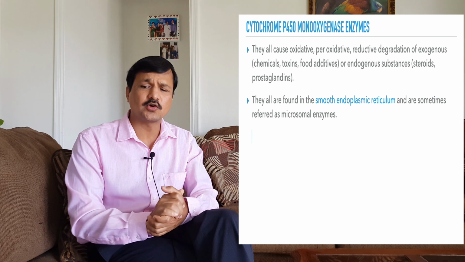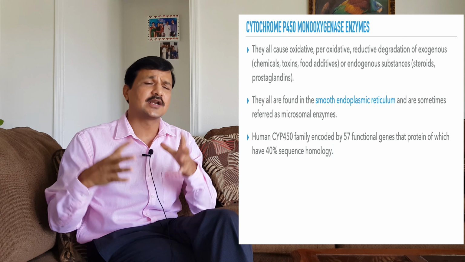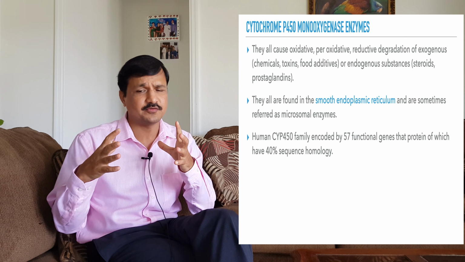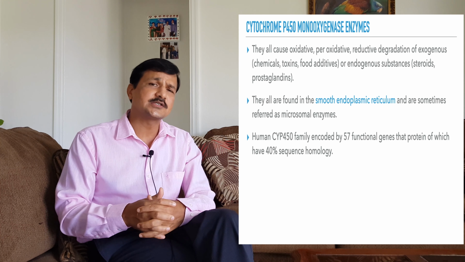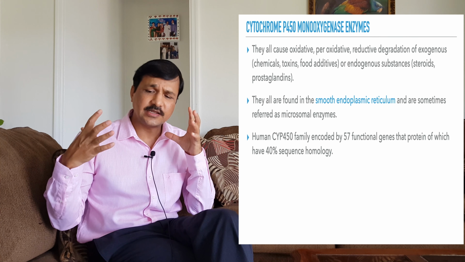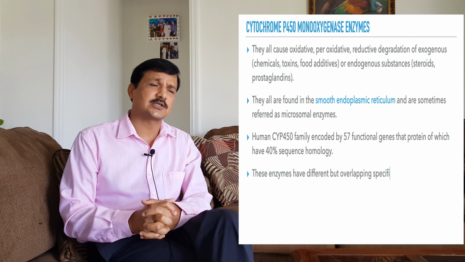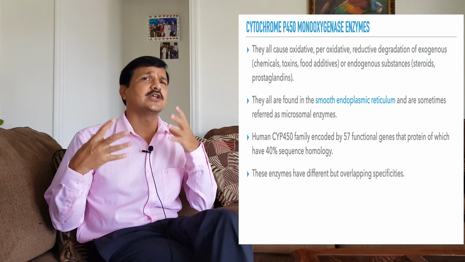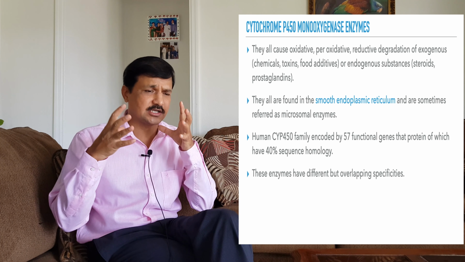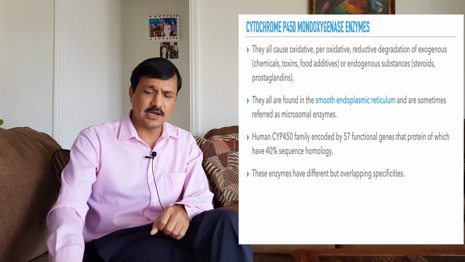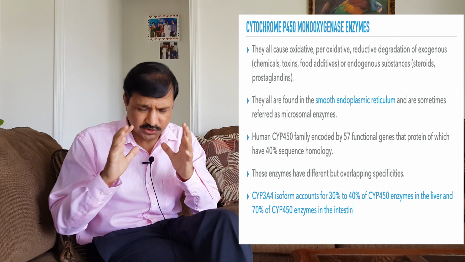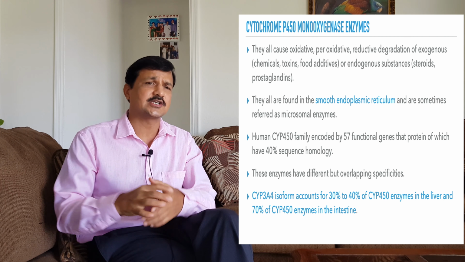In humans, there are 57 genes that code for all the subclasses of cytochrome P450, and all of them share 40% sequence homology in their amino acid sequences. Also note that these enzymes have different but overlapping substrate specificities. That means there are a lot of subfamilies of cytochrome P450 enzymes, each with its specificities, but they can also overlap.